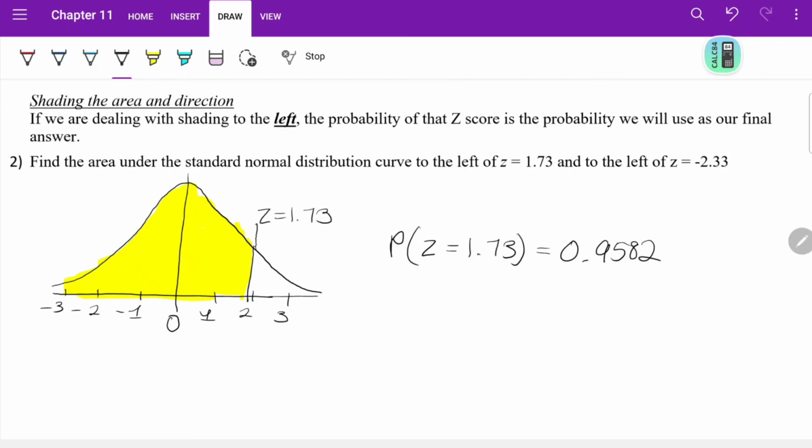Because this is shaded to the left, that is going to be our answer. The probability that z, and we're going to use the less than symbol to represent left shading.